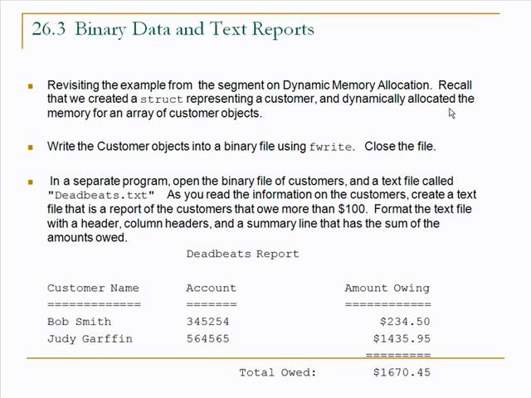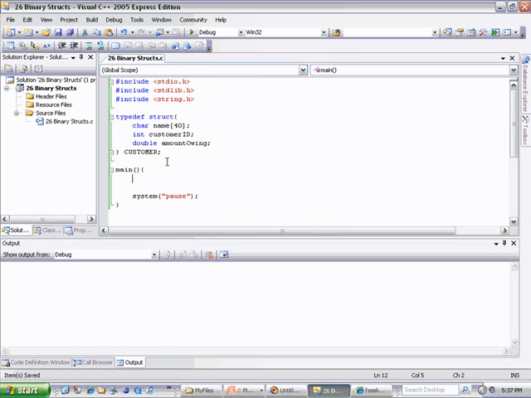So we're going to go back and look at the customer struct, and I copied this out of the previous section where we were doing dynamic memory allocation. And I'm going to declare a couple of these customers. So let's make customer Bob and Susan, and that's not dynamic memory allocation.